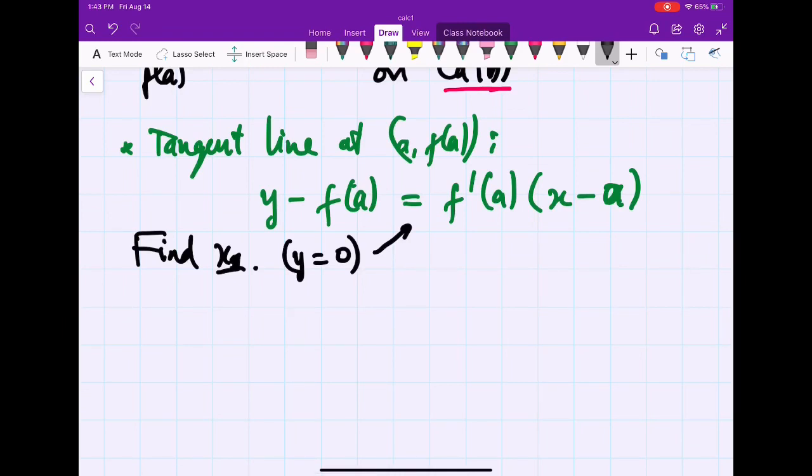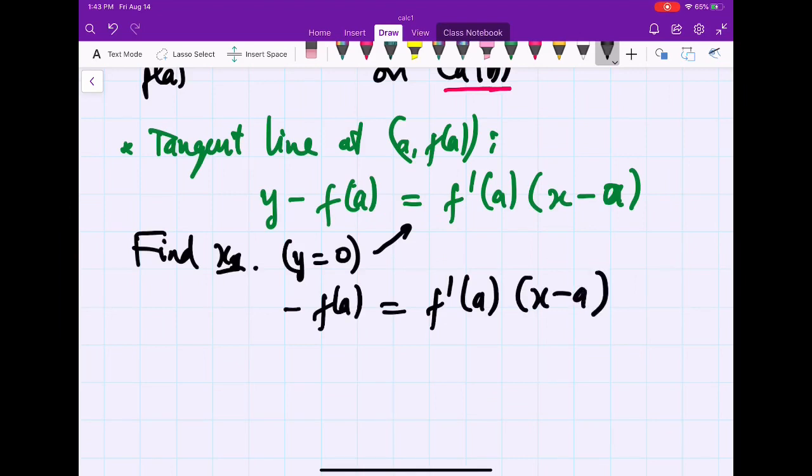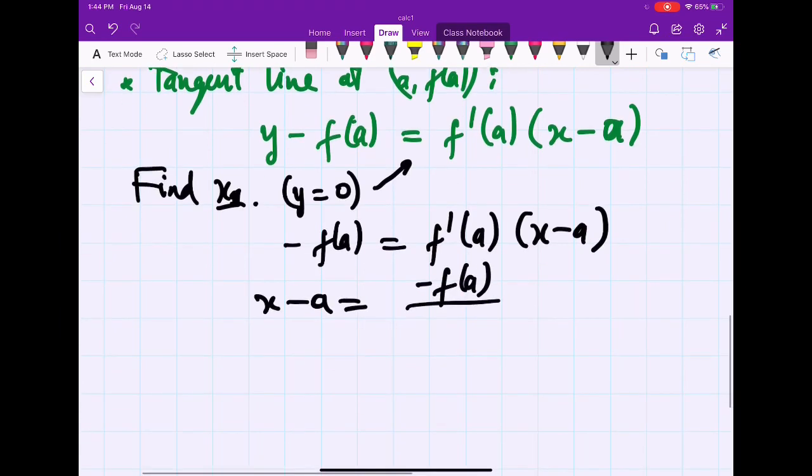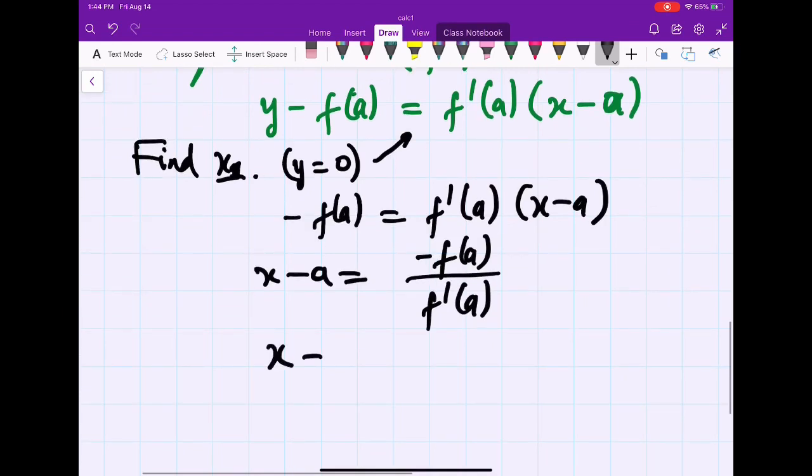So in this case, I have negative f of a equal to f derivative of a times (x minus a). And then you have x minus a equal to negative f of a divided by f derivative of a. Or you can write x equal to negative f of a divided by f derivative of a, and then plus a.